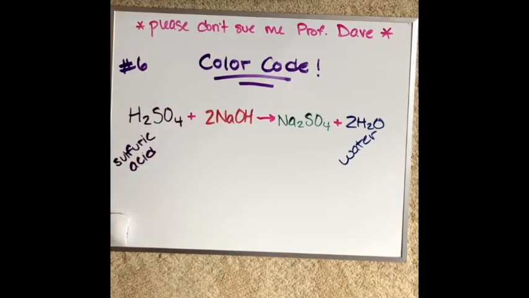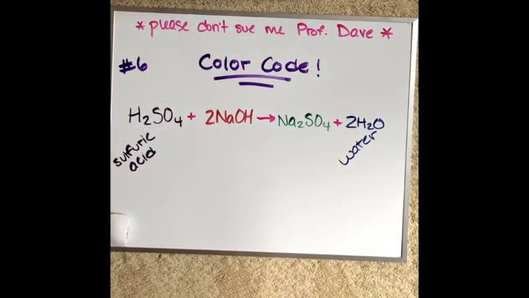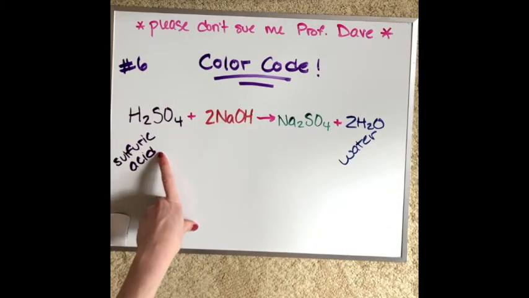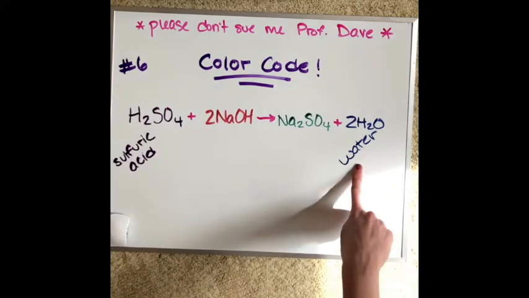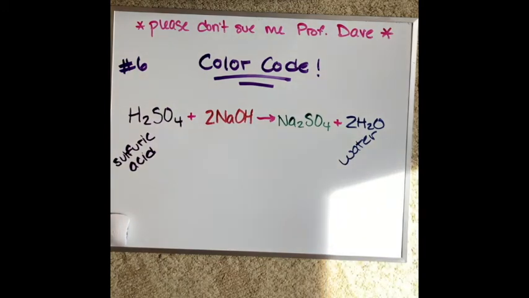And finally, number 6. My hint to you for number 6 is color code, color code, color code. Pay attention to the names. So I've written out the equation. Each different item gets its own color. This one is the only one you maybe didn't know the name of. It's sulfuric acid. H2O, obviously water. These two, you definitely have the ability to name.